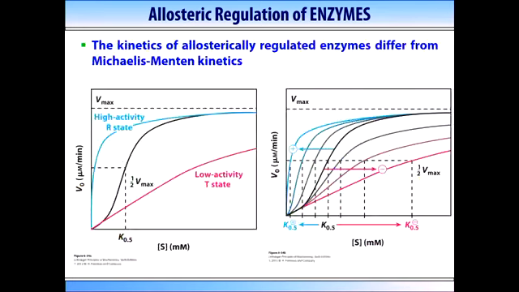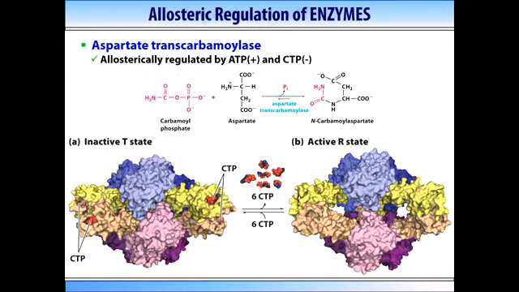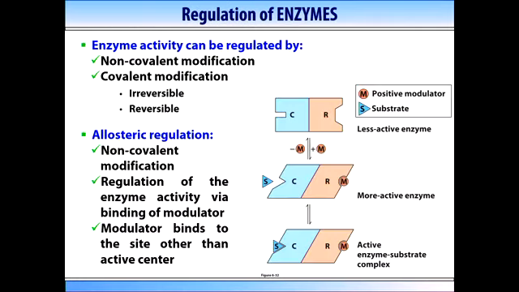That's exactly why the wording that is used is modulator, right? It doesn't specify whether it can be either activator or inhibitor. And that's why I said a subtype of this allosteric regulation would be uncompetitive inhibition, when an inhibitor, which binds elsewhere, not on the active site of the enzyme, inhibits it.